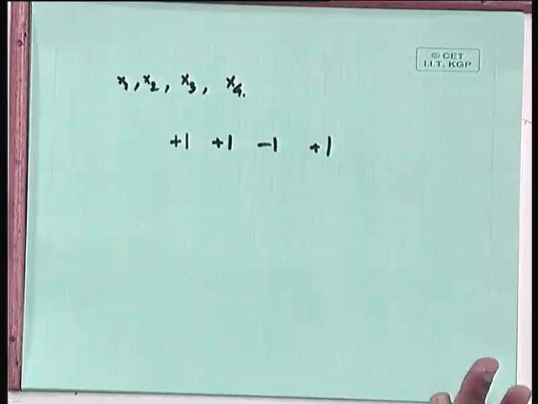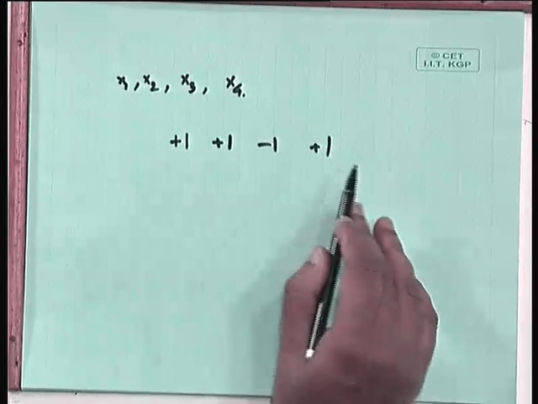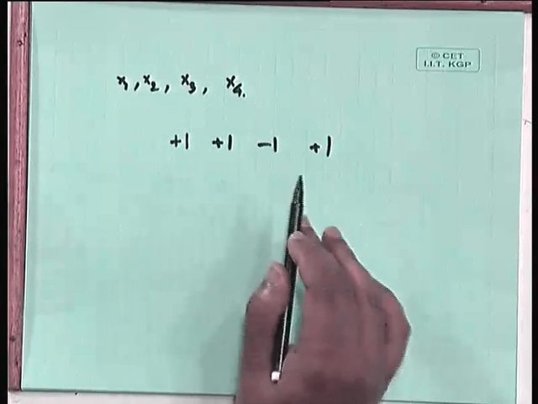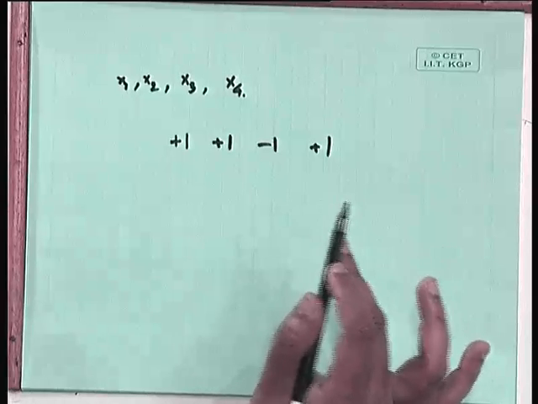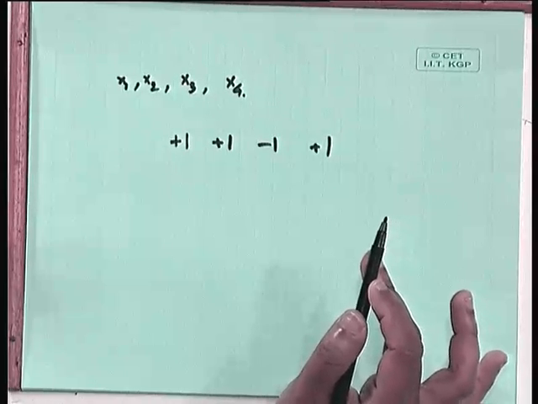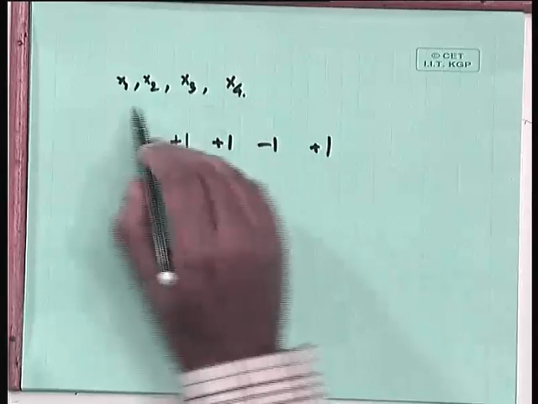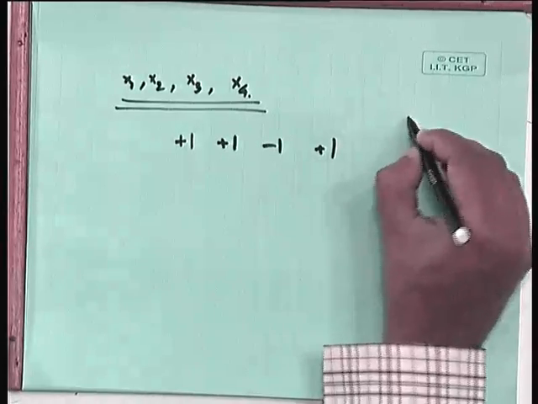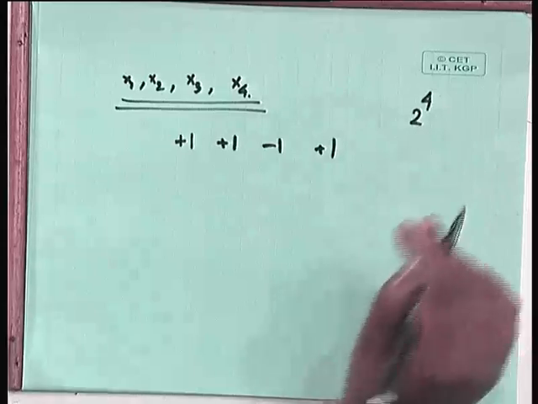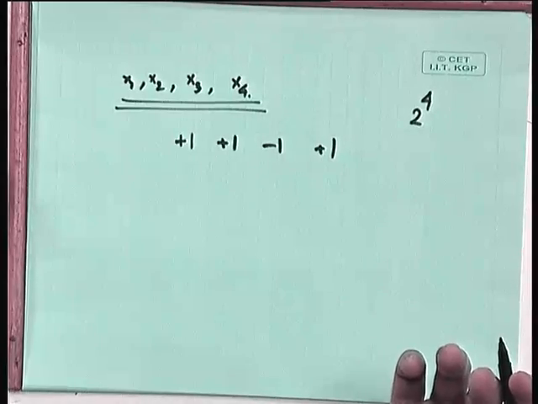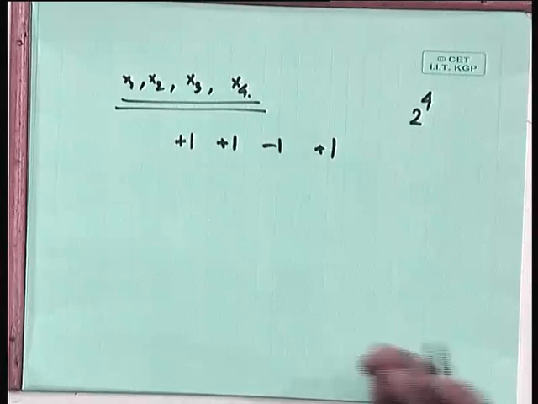This is a particular training pattern. Now, with 4 such inputs, we can form 2 to the power 4 or 16 such patterns, isn't it? The whole space will contain 16 patterns.